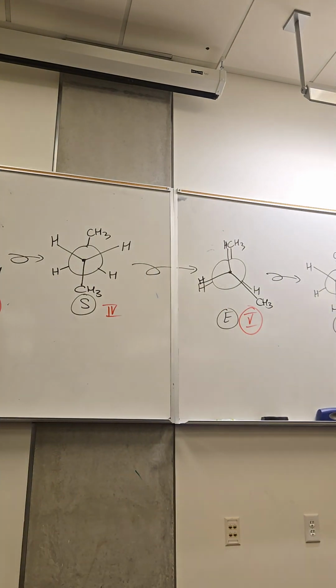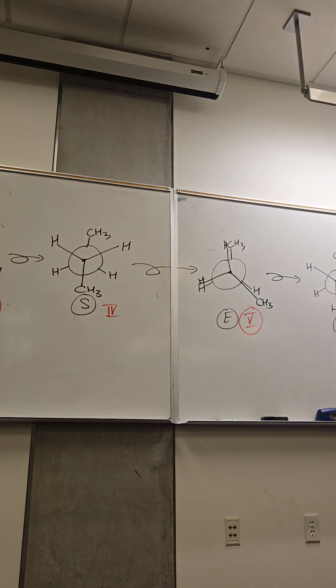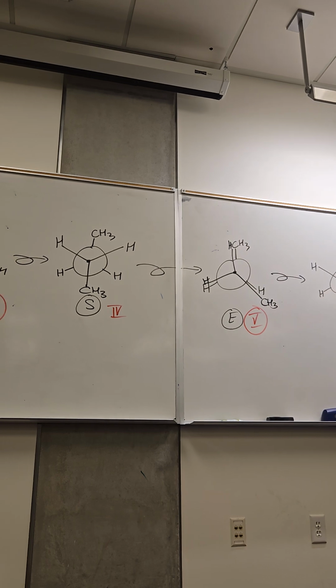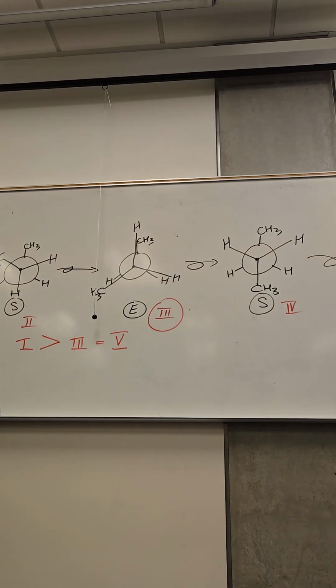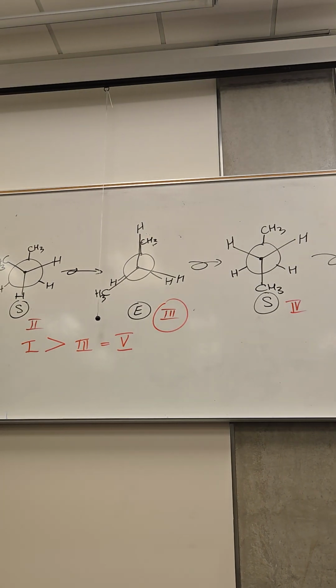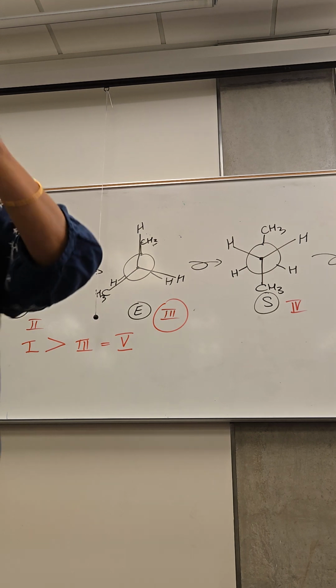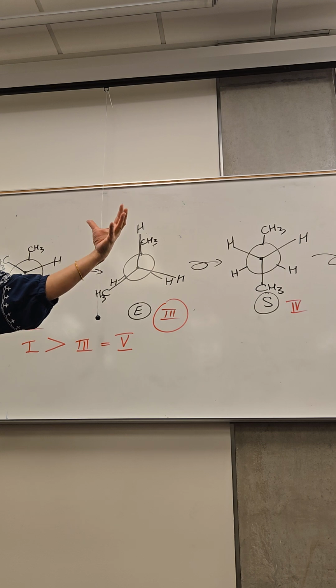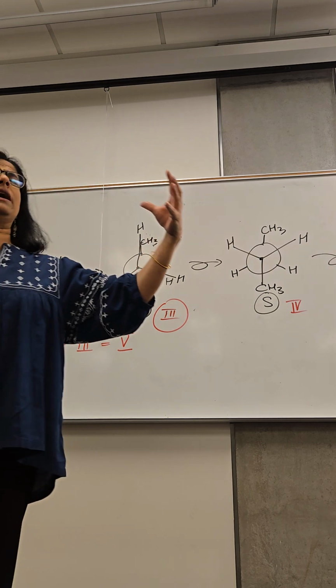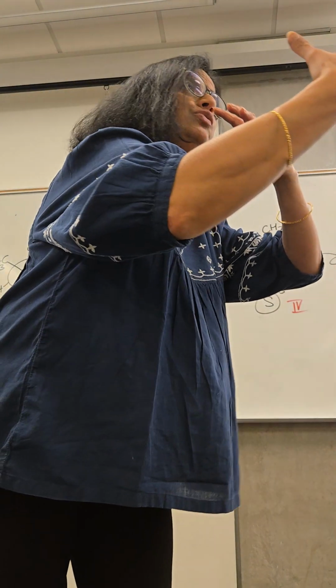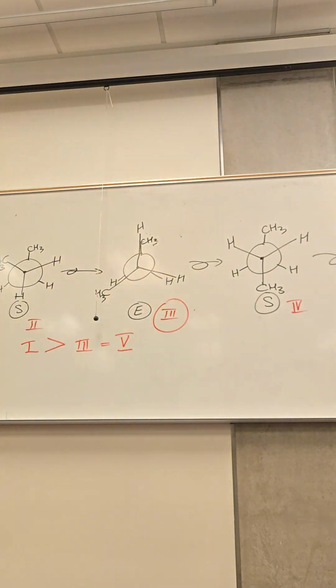What about 1? How do you expect 1's energy to be in relation to 3 and 5? Higher. Do you all agree? Because it's less stable. Why is 1 less stable than 3 and 5? The bigger the groups or atoms, the bigger their electron cloud. So if you're taking bigger atoms and groups and pushing them closer to each other, is that a happy situation or a bad situation?